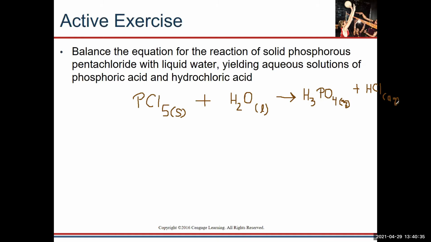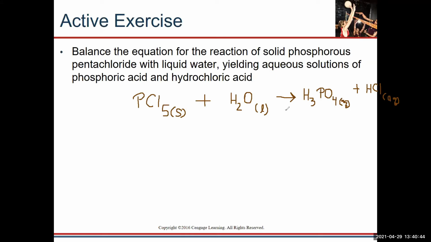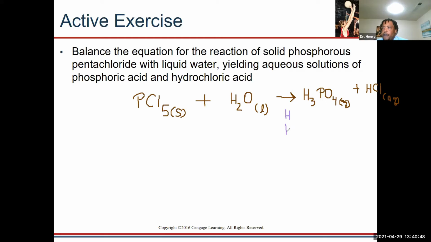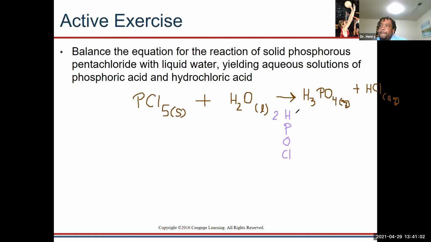Okay. Is it balanced? No. Okay. What do we need to do? Balance it. So we have an H, we have a P, we have an O, and we have a Cl. On the reactant side, how many hydrogens do I have? 2. On the product side, 4.